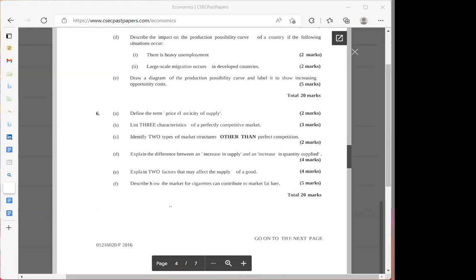So tell me which one of those does the market for cigarettes contribute to or fall under? Right, so I would start off by saying again, market failure is the inefficient operation of markets, whether it be allocative inefficiency or productive inefficiency, right?